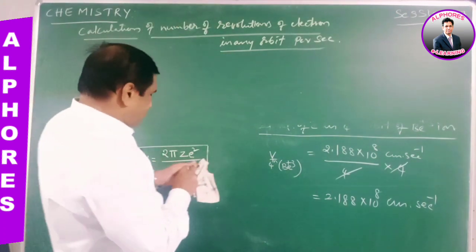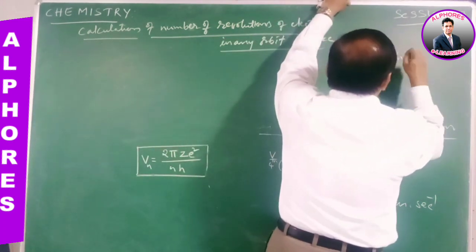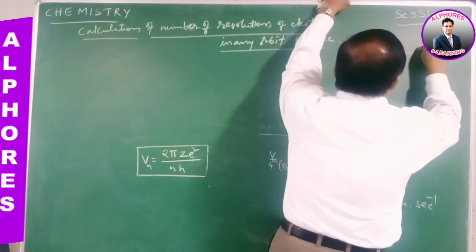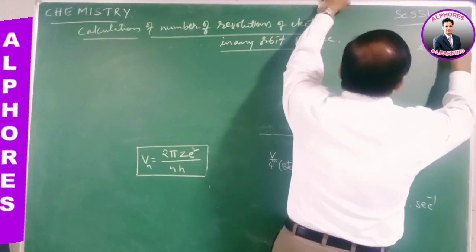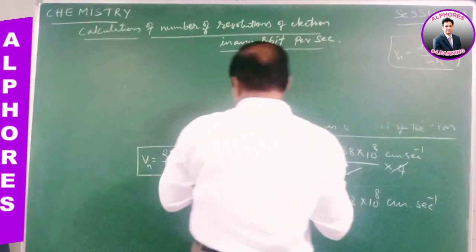Let us write the velocity of the electron, because it is useful now. The velocity of the electron in the nth orbit is equal to 2πZe² by nh. Let us write it separately.